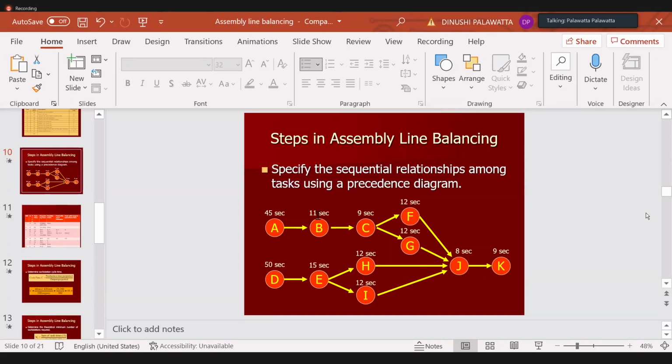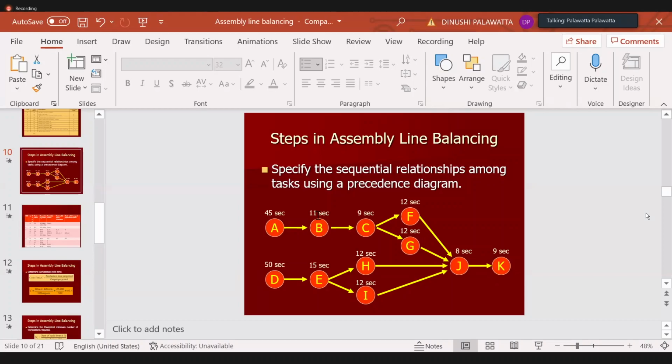The primary rule is the most following task, and the secondary rule is the longest operation time. On the other hand, you can use longest operation time as the primary rule and most following task as the tie-breaking rule. That's a possibility. But if you are asked to use a particular rule, use it to balance the line.